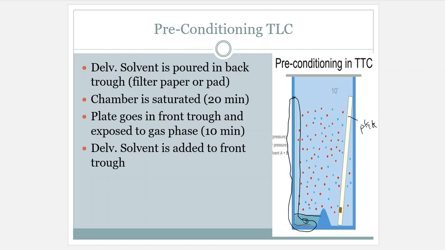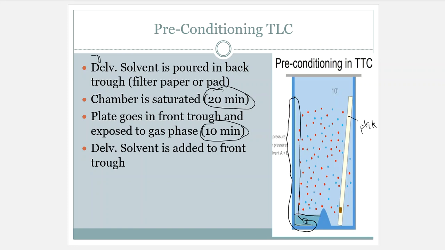So what you're seeing is that the steps are telling you, okay, developing solvent's going to be poured into the trough, and we're going to put a saturation pad in. We're still going to go the 20 minutes. We're going to allow this thing to do what it needs to do. And then it says a plate goes in the front trough, and it's exposed to the gas phase for a total of 10 minutes.